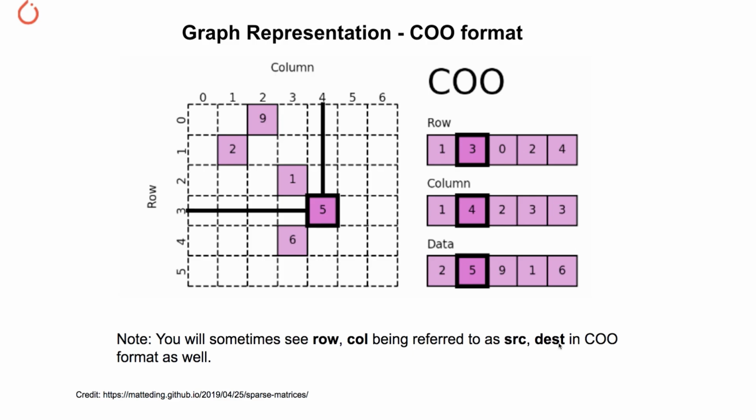You'll see those notations as well. And the first 2 lists are sometimes called the edge index. The edge index is actually the input to a lot of graph neural network models.